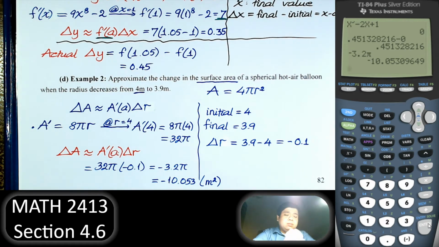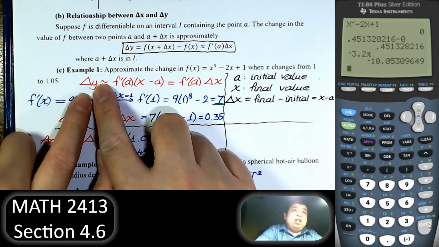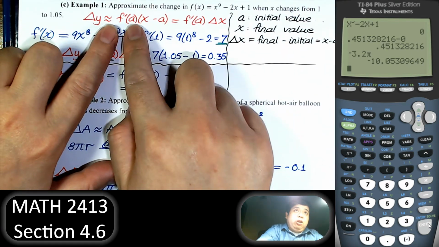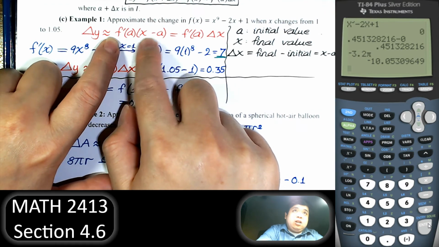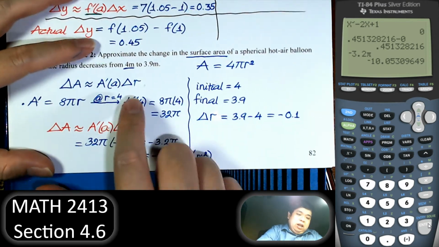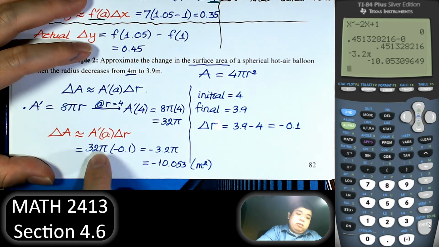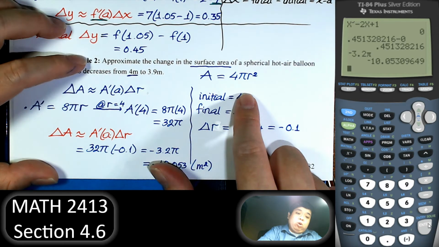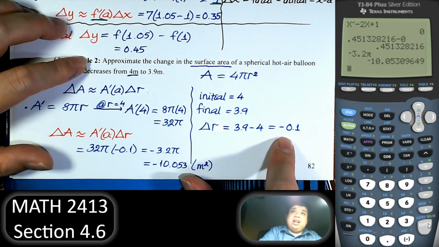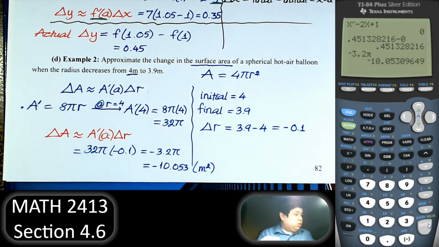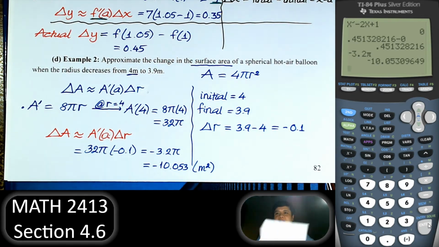Right. So the change in the y values equals the derivative at the initial value times the change in the x. The initial value here is 4, and the change from 4 to 3.9 is negative 0.1. And we just put everything in the formula. So that's pretty much it.